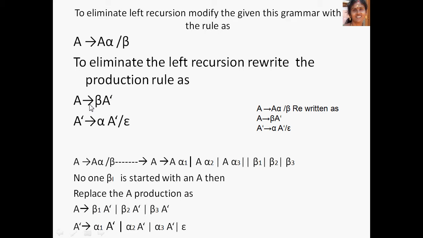A can be replaced with beta and then with the introduction of a new non-terminal node called A dash. Then what is the expansion of A dash? The A dash is expanded with alpha A dash or epsilon. Epsilon is called empty. So for A dash we have given two alternatives, one is alpha A dash and another one is epsilon.